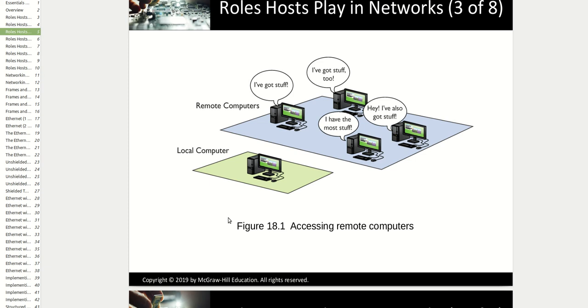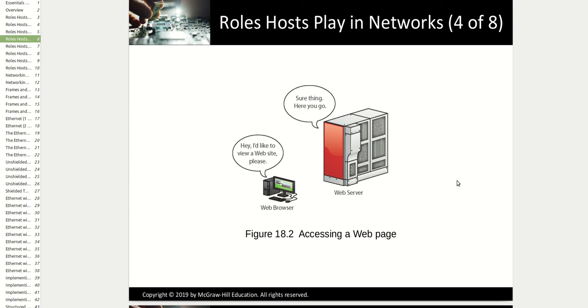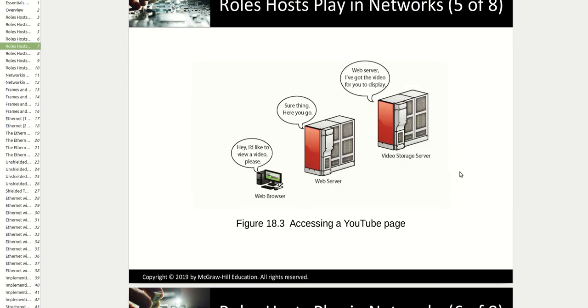This is just talking about different roles. There's a local computer, and here are remote computers out there that the local computer wants to access, such as a web server. You see a web browser being used to access a web server from a client machine here. And again, it could be other things too: video storage, different files and folders on a network.